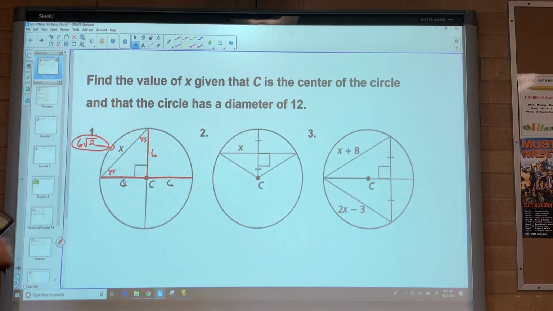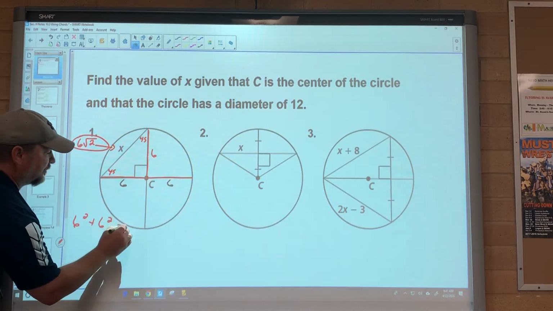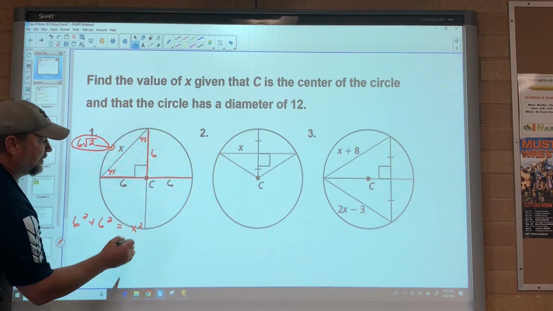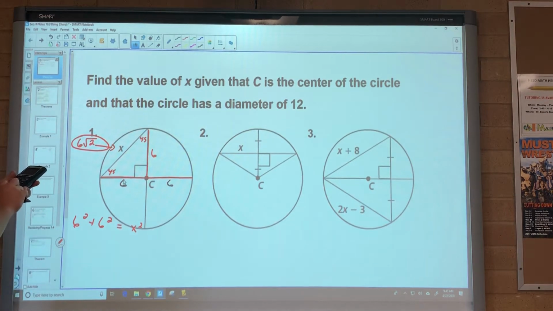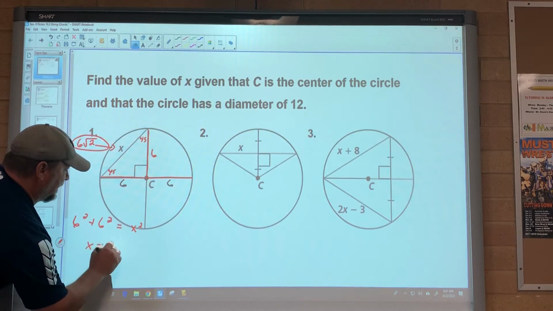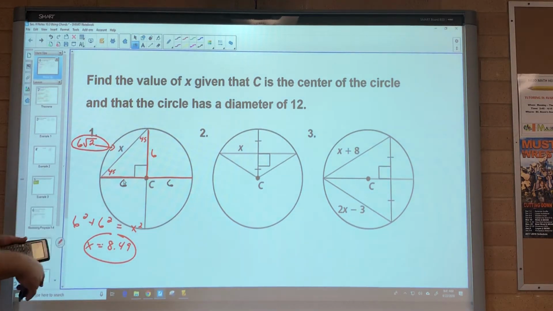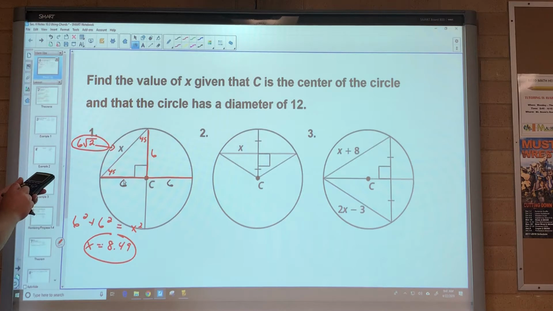Or you can say 6 squared plus 6 squared equals x squared, that would be 36 plus 36, and then square root of 72, which comes out to be 8.49. So x equals 8.49, and I went fast. Remember, it has the plus or minus to it, but we only keep the positive. And 6 radical 2 is the same exact answer, so either one of those would get it right for you.